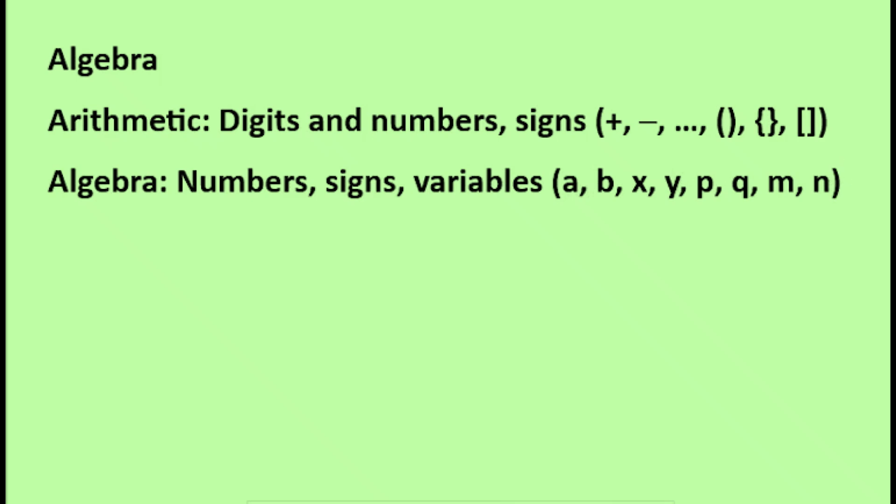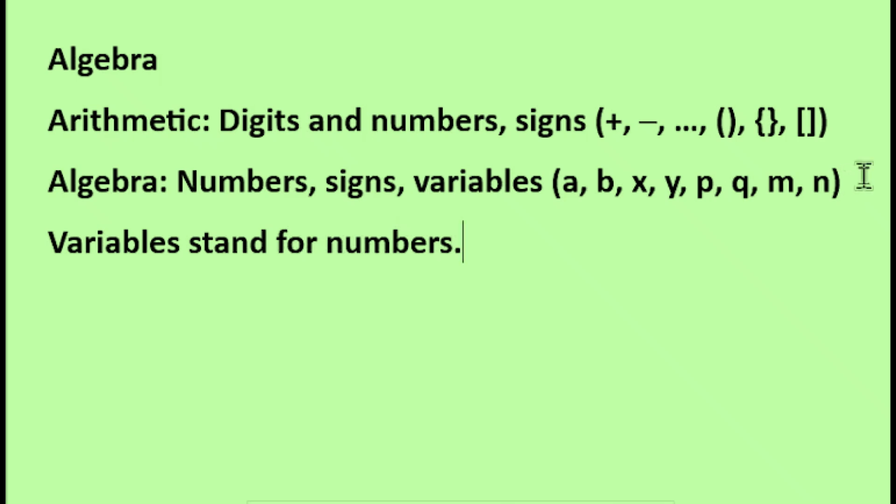And variables stand for numbers. In one sum, A may be equal to 5.